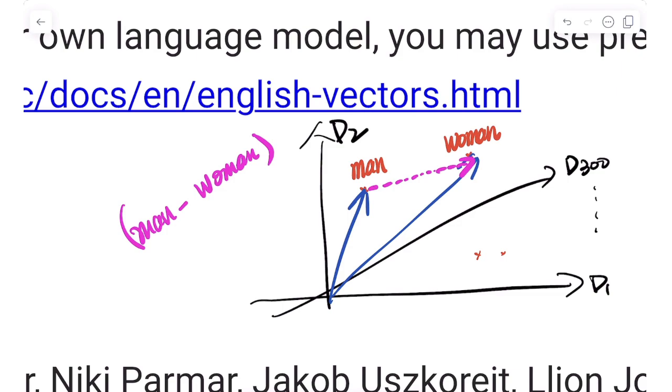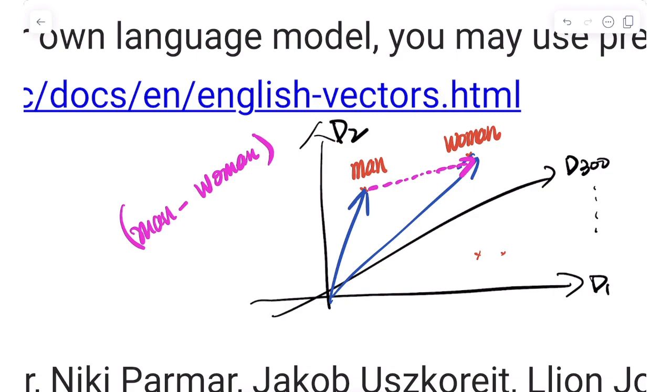Think about something. What is man minus woman? That means gender, right? That means this direction, they may have certain meanings which is related to gender or sex.